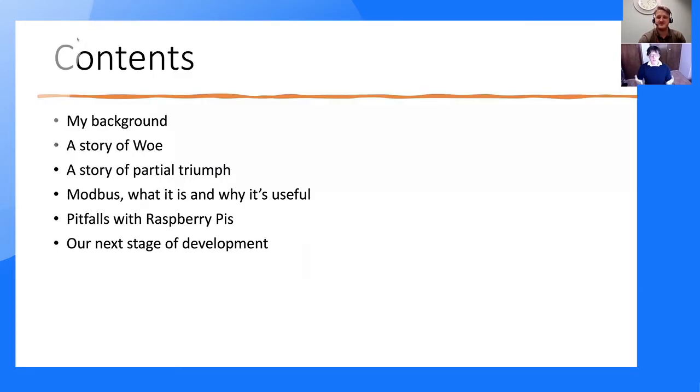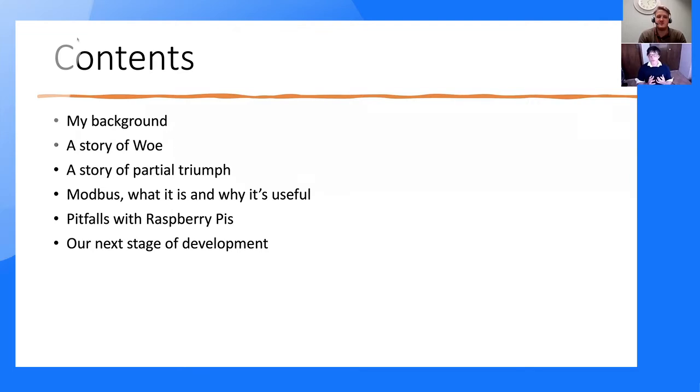So, the contents of this talk. I'm going to talk a bit about my background very briefly, and then jump straight into the story of woe that led me down this path, and how I've made some partial victories along the way.